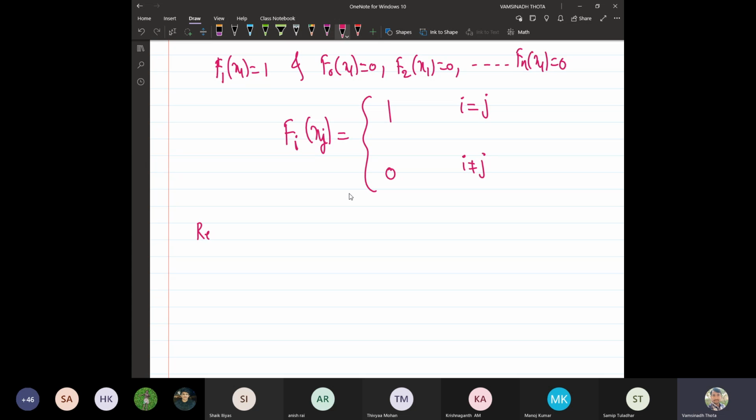Remember here, recall, each, this should be true for i equal to 0, 1, 2, and so on, all the coefficient polynomials.